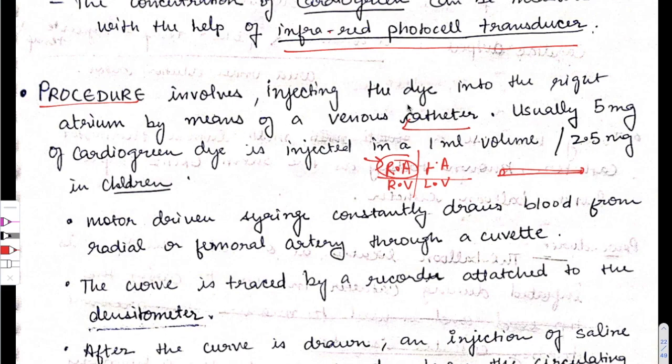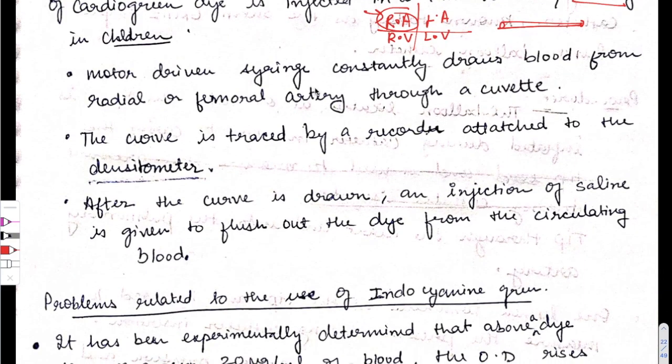The dye is injected into the right atrium by means of the venous catheter, usually 5 milligrams, which is the dose of cardiogreen used in adults, and in children the dose is 2.5 milligrams. Then a motor driven syringe is used for constantly drawing the blood from the radial and the femoral artery through a cuvette. The curve is traced by a recorder attached to the densitometer.